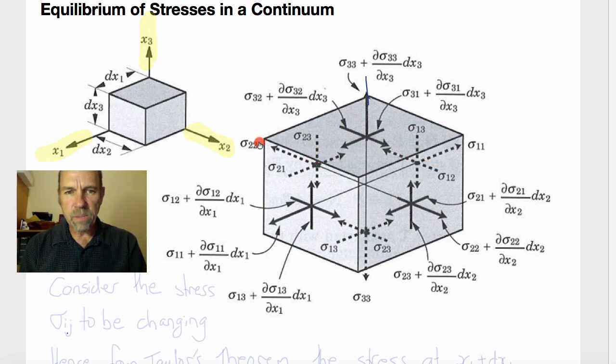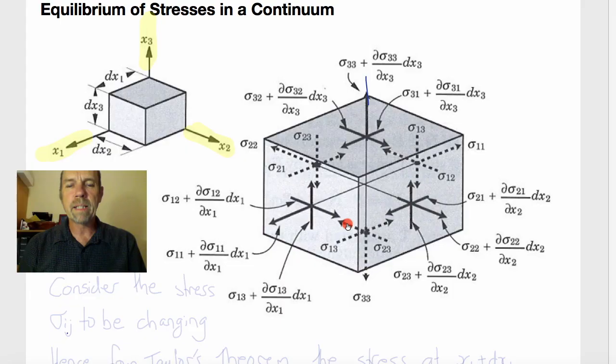Similarly, on this face, we see sigma 2,2, sigma 2,1, and sigma 2,3. And on this lower face, we see sigma 3,3, sigma 1,3, and sigma 2,3. These are defined just as we did before, although these are actually the negative faces of this parallelepiped.